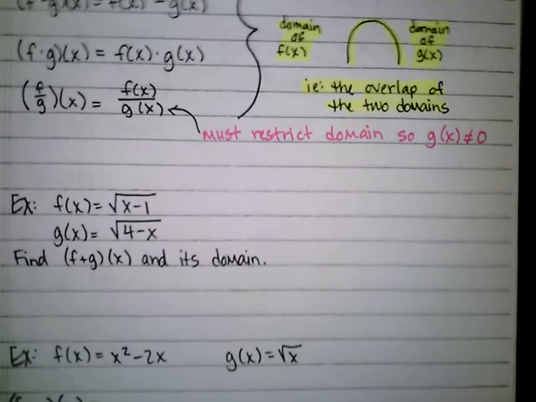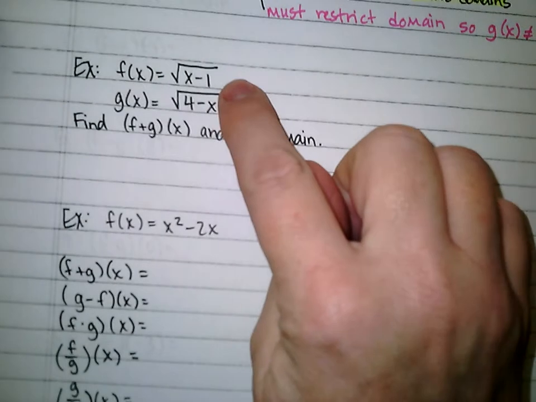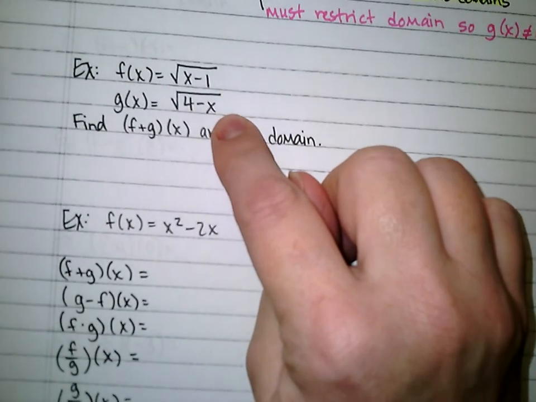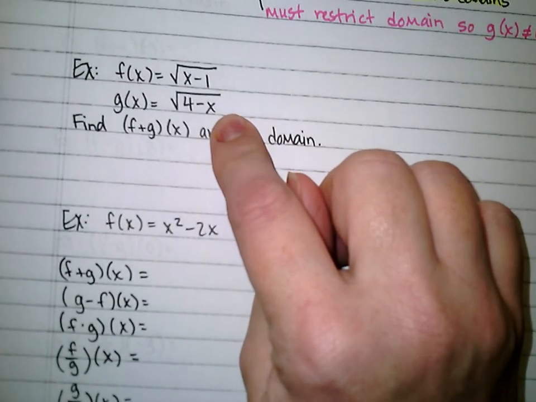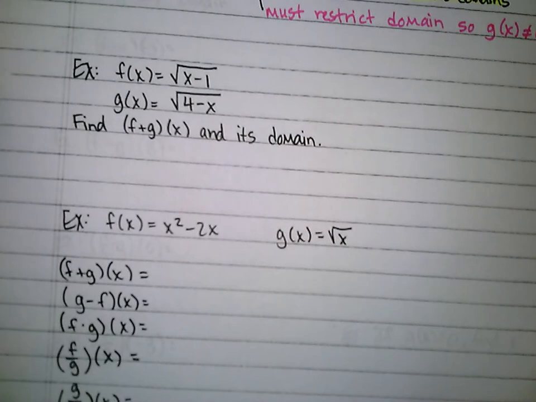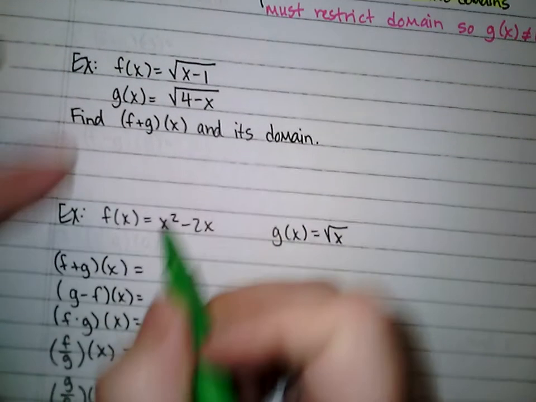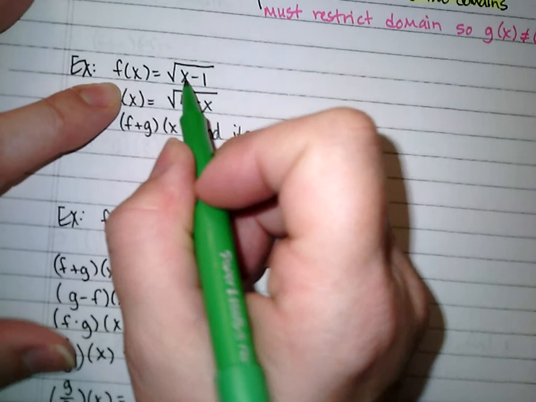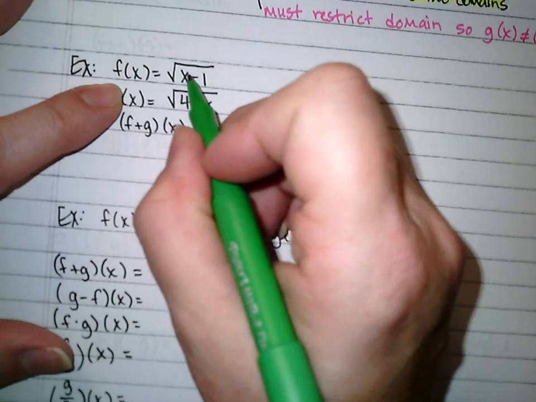Okay, here we've got f of x is square root of x minus 1. G of x is square root of 4 minus x. So we're going to start out by finding the domain of each individually, and then we're going to do some combining and look at the domains. So for f of x, we know that that's in an even index radical.